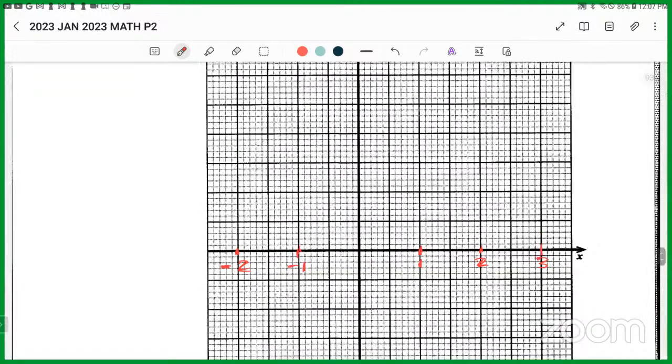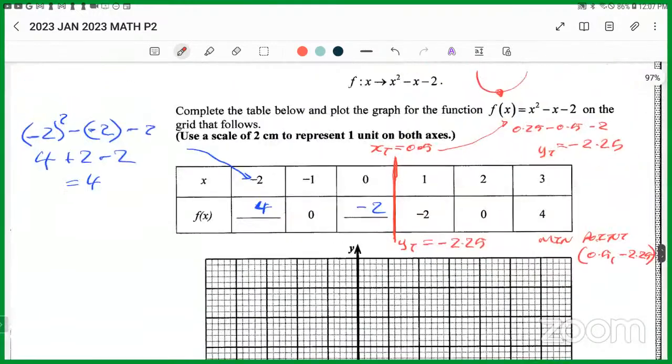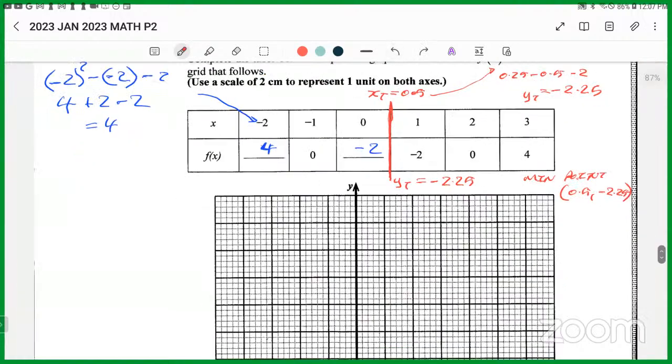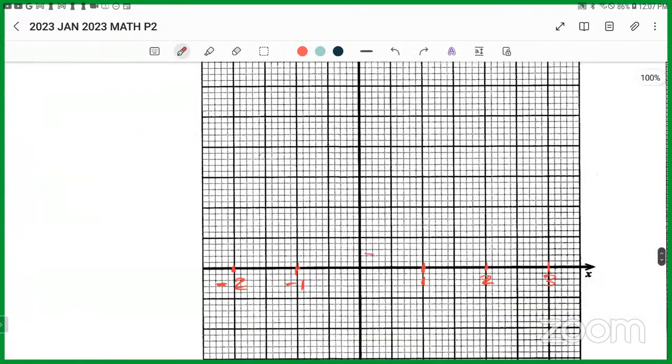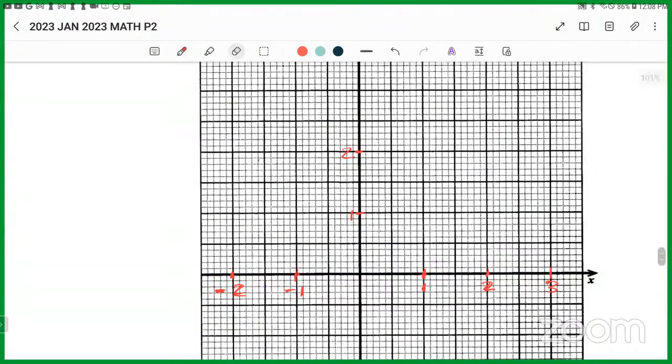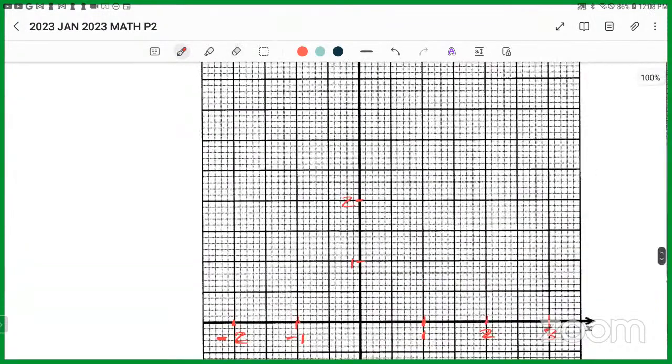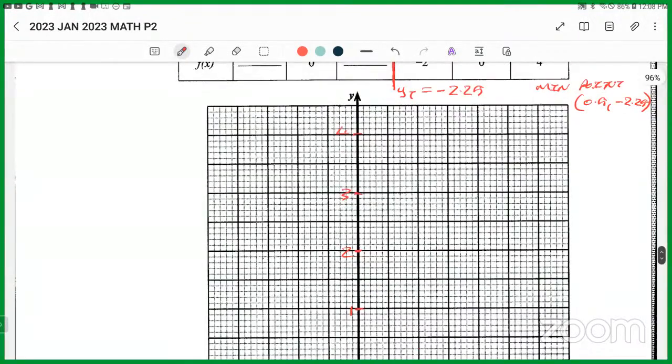And I think they told us a scale in this question. See there, 2 centimeters to 1 unit on both axes. See? 2 centimeters to 1 unit. Same thing on the y-axis. So that's going to be 1, 2. Remember, each of these is a centimeter, and each block is a centimeter. 1, 2, 3, 4.